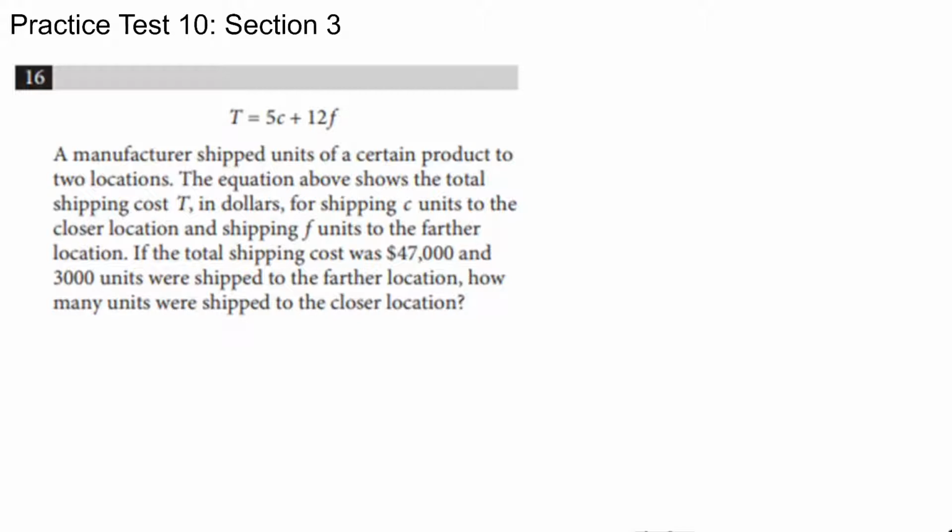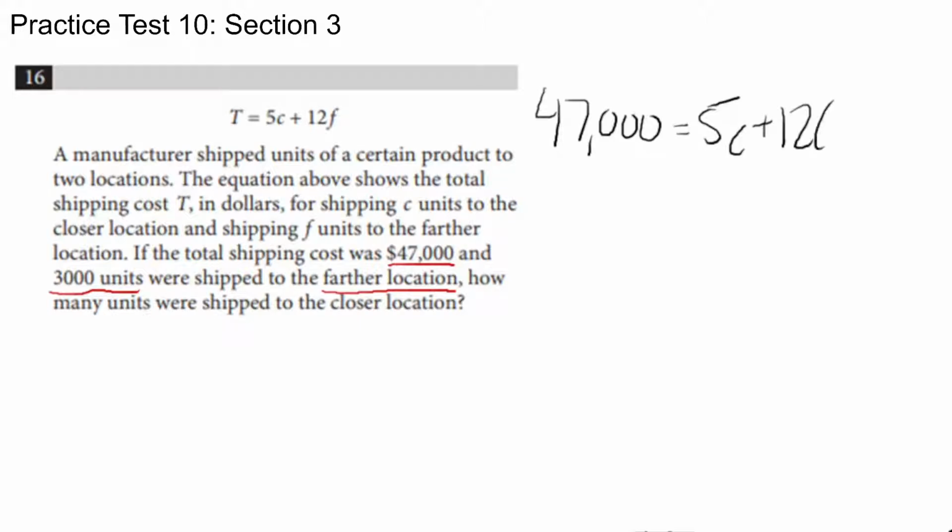The first thing I want to do is identify my important information. So that's going to be my total cost of 47,000 and the 3,000 units that were shipped to my farther location. So I'm going to take those values and put them in my equation. So I have 47,000 is equal to 5C plus 12 times 3,000.